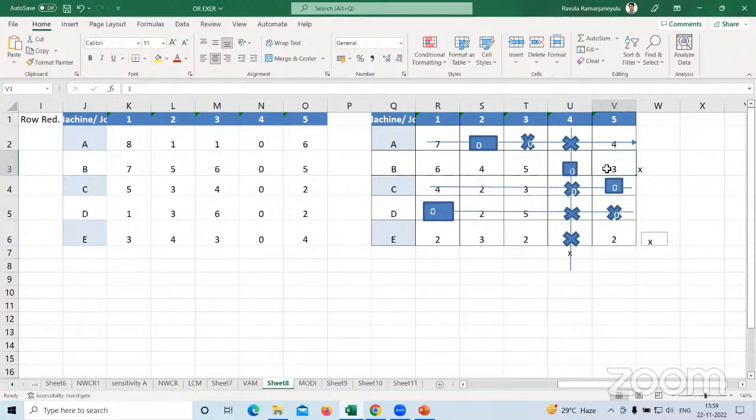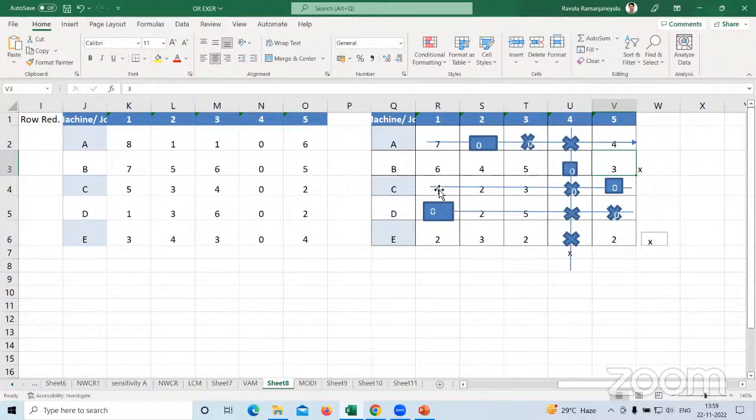So the first line, we can keep it as it is: 7, 0, 0. At the intersecting point, we need to add 2. Here 4 as it is, you need to write. There was 6, 4, 6 minus 2, 3, 4 minus 2, 5 minus 2, 0 as it is, 3 minus 2.